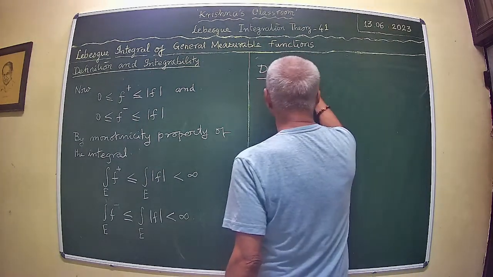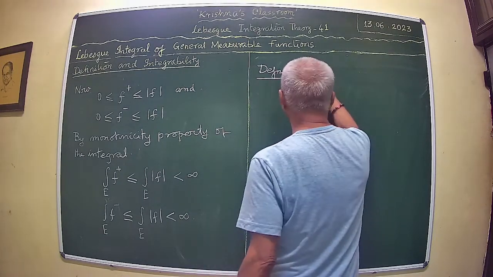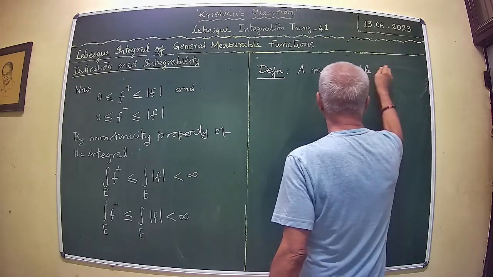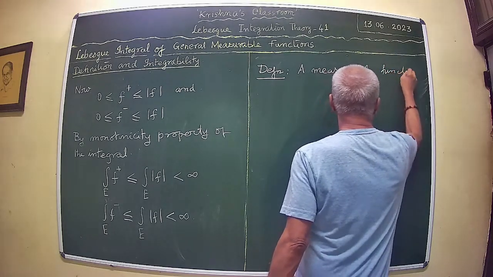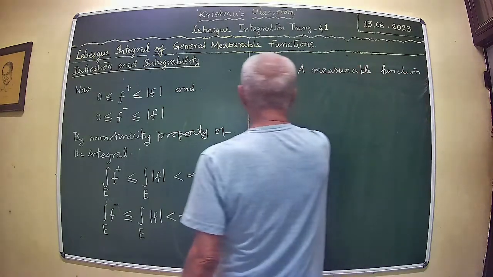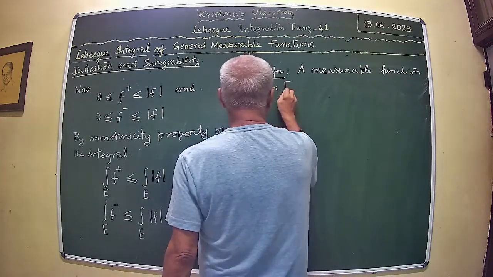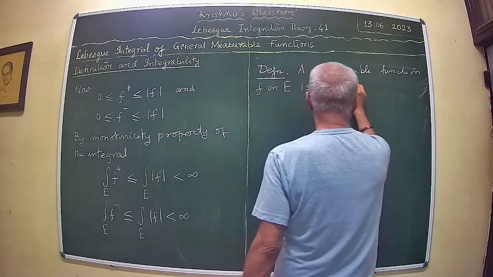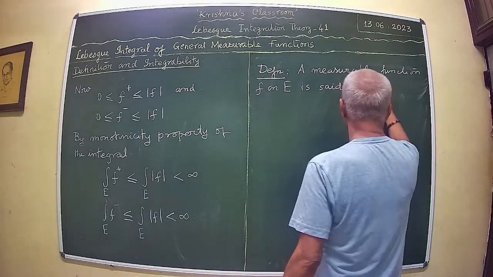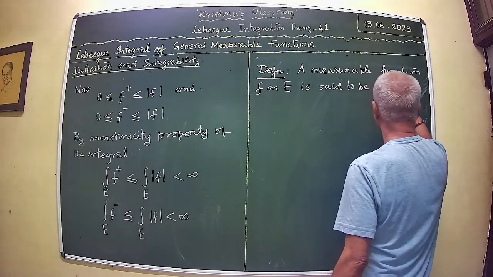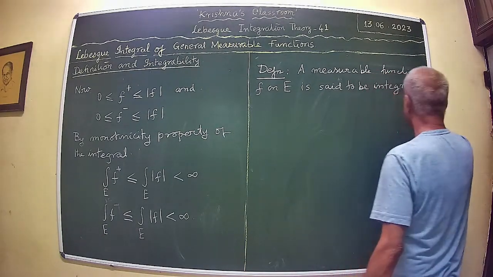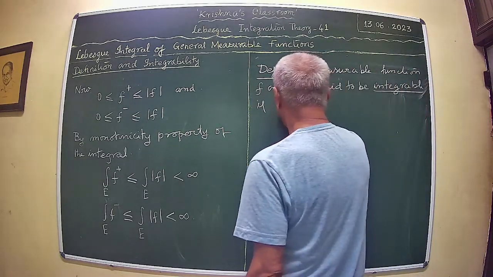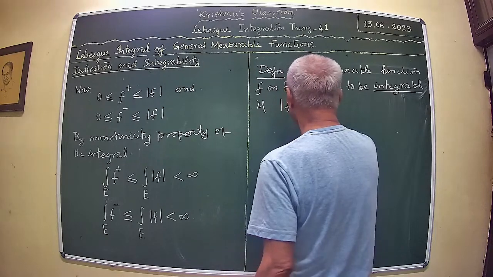Now a measurable function f on E is said to be integrable if mod f is integrable.